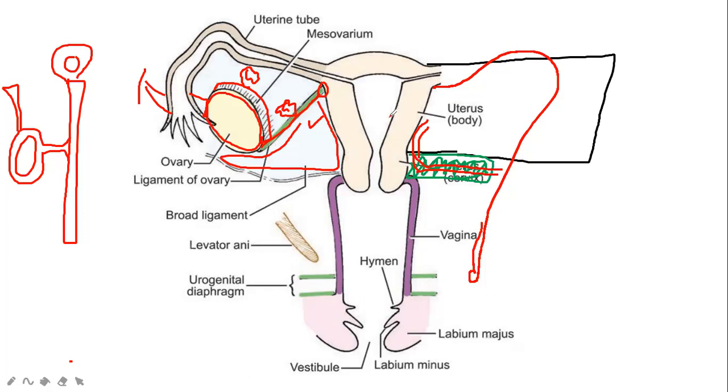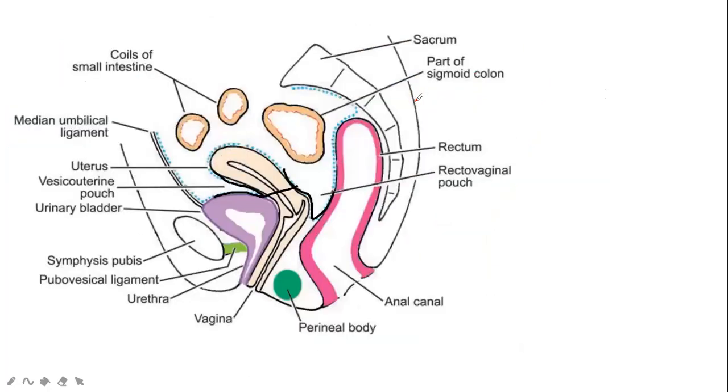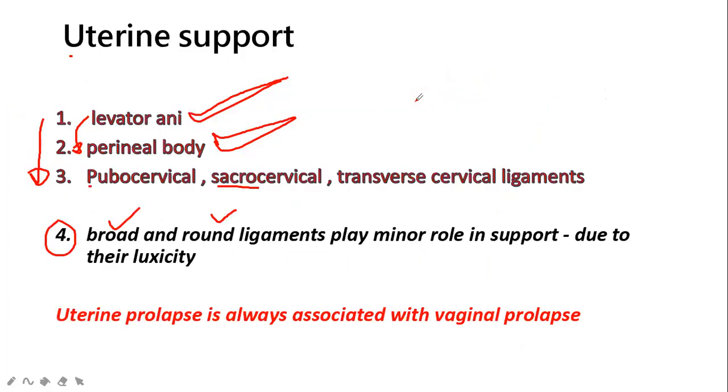So when the uterus enlarges during pregnancy and then comes back to normal, these structures will actually be stretched, right? So they play a minor role in support of the uterus, due to their laxity.